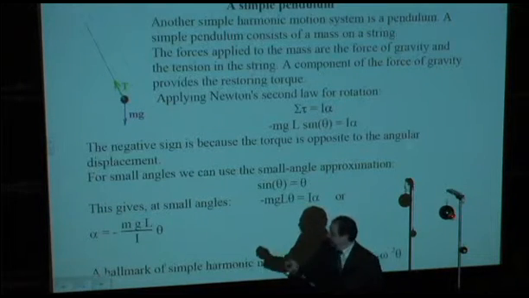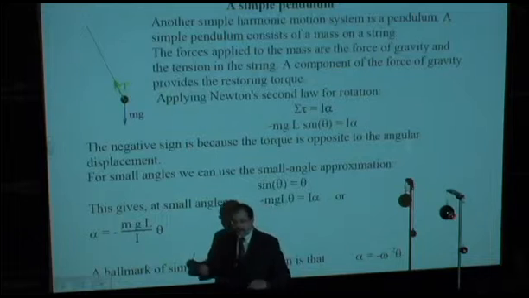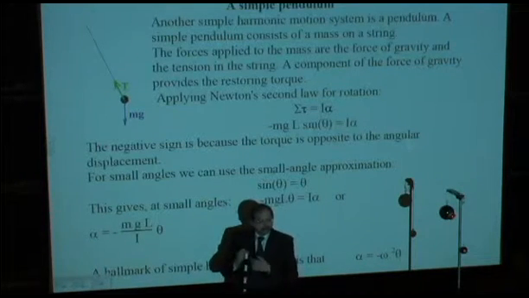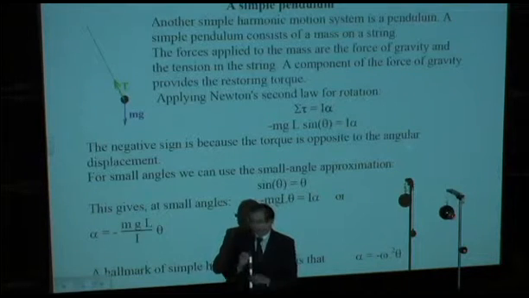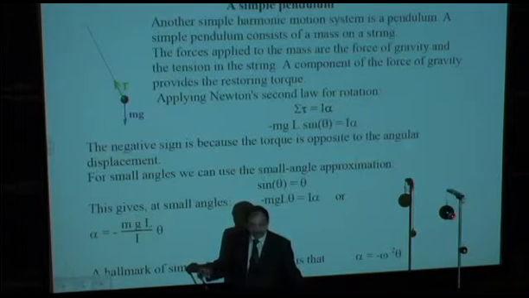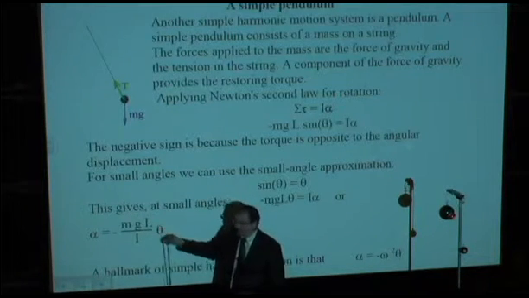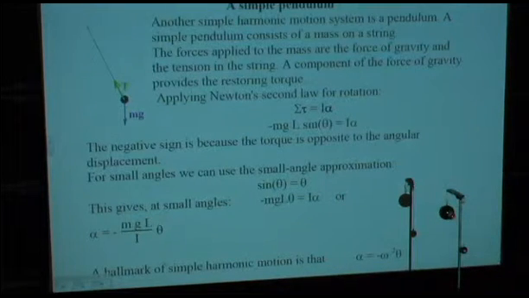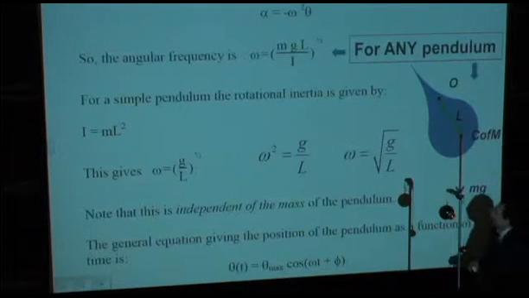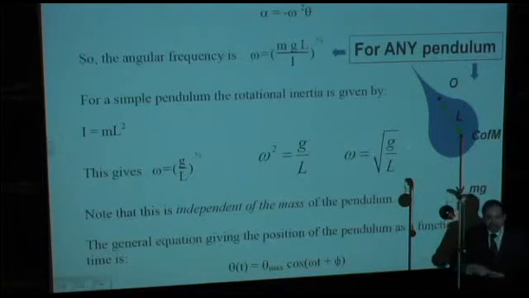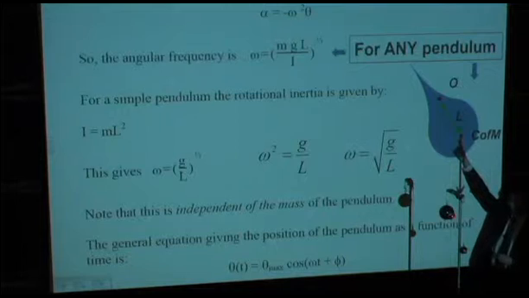So what is m? Well, m is the mass of this object. What is I? I is moment of inertia relative to the axis. What is g? 9.8, if it's here on the Earth. What is L? Well, that's the distance from the axis of rotation to the center of mass, because force of gravity is applied to the center of mass.